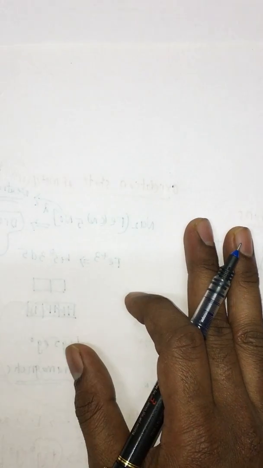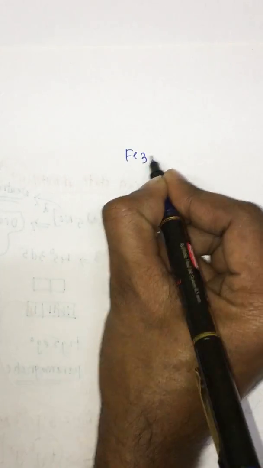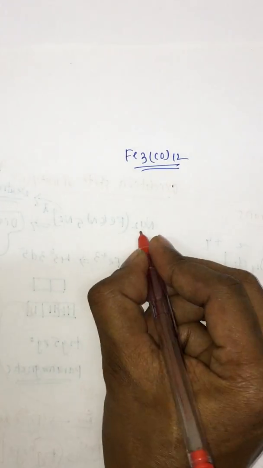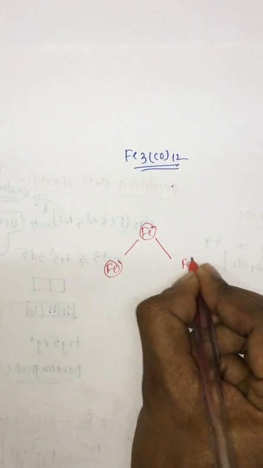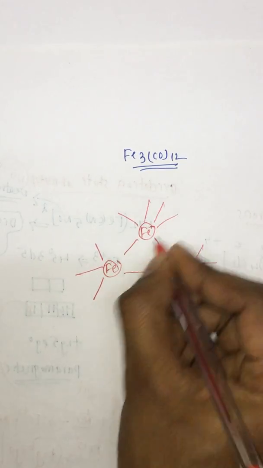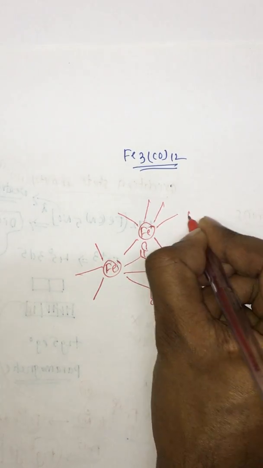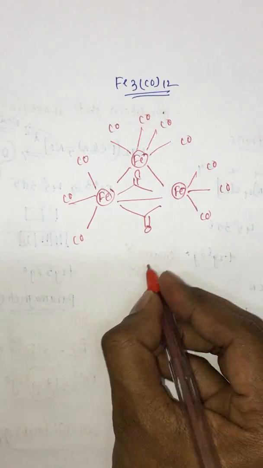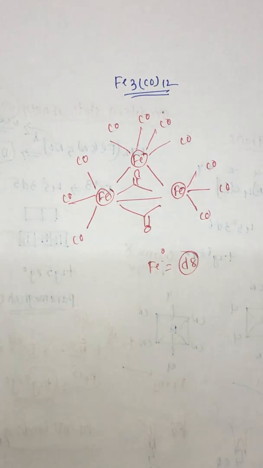And we can also study iron carbonyl complexes by using Mossbauer spectra. So we have Fe3(CO)12. The structure looks like this. Here the iron atom has a d8 electron configuration because iron is in the zero oxidation state.